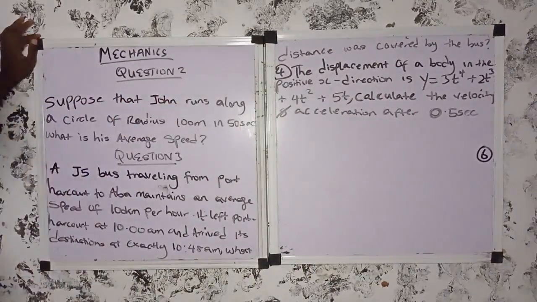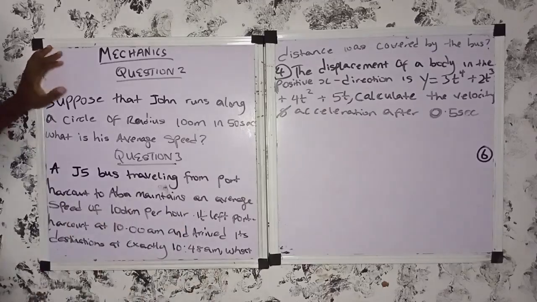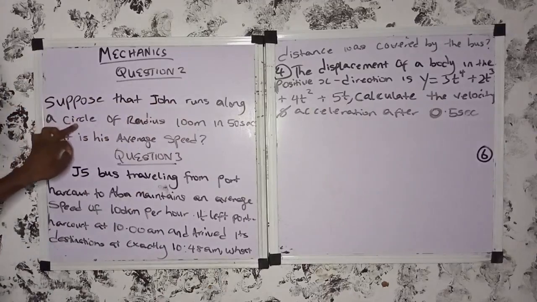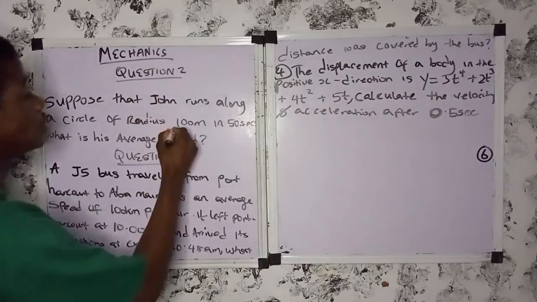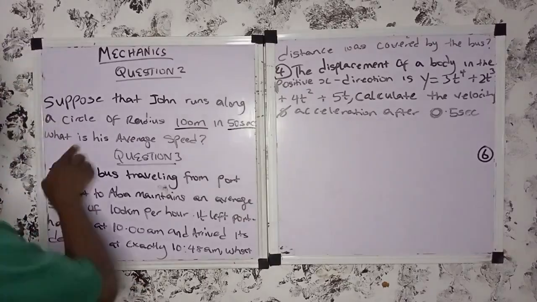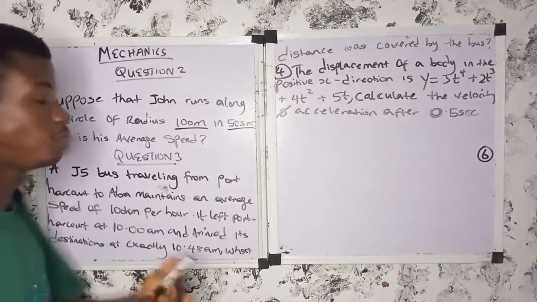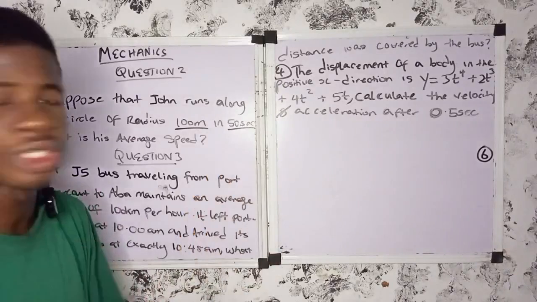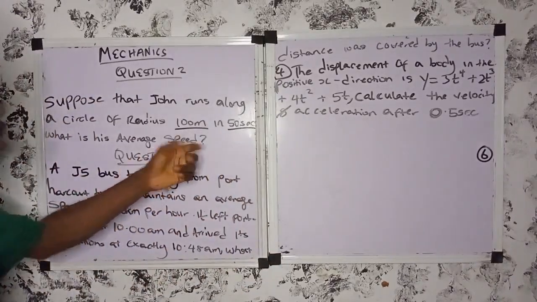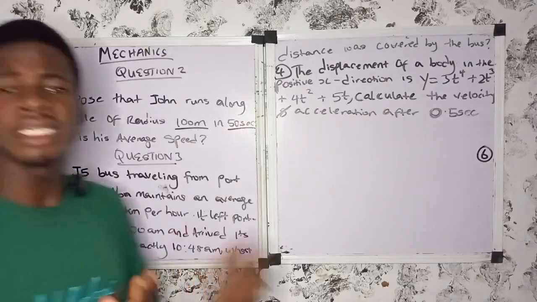Now, in this question, I said, suppose that John runs along a circle of radius 100 meters in 50 seconds. What is his average speed? So in this question, they are telling us to calculate the average speed. Now, what is speed?